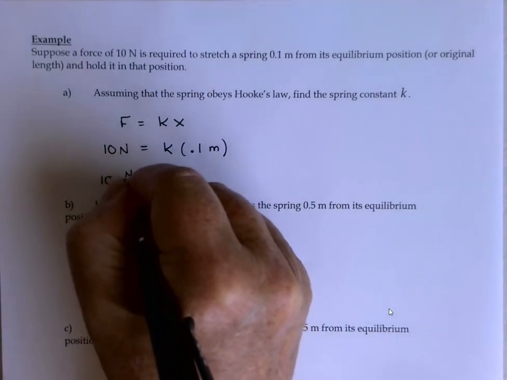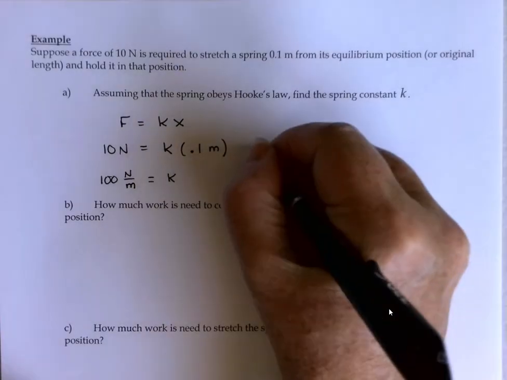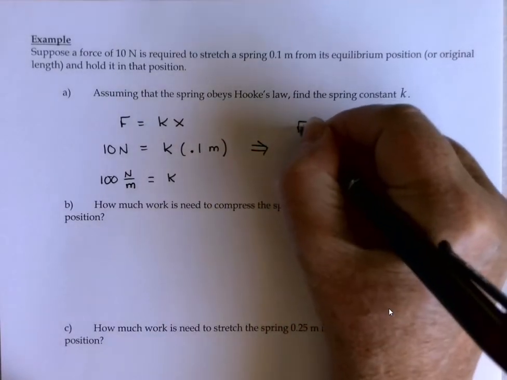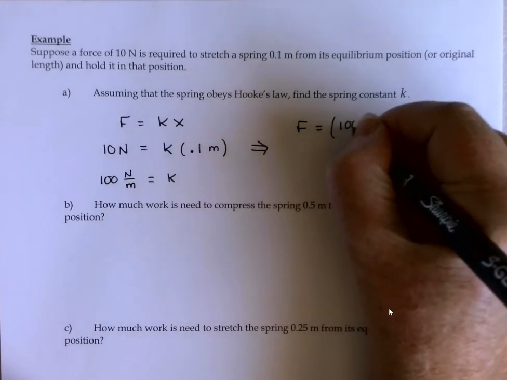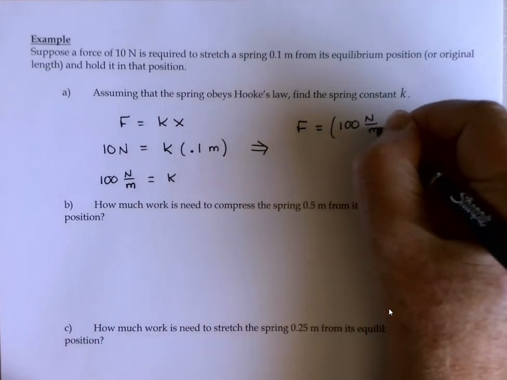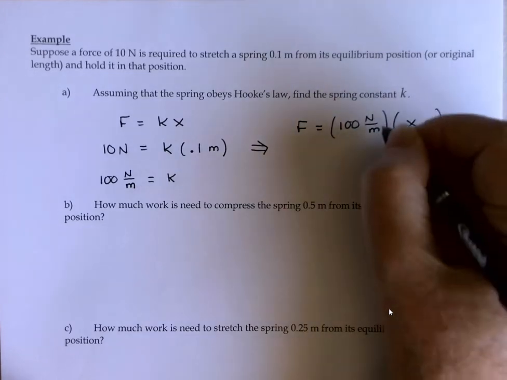The units are actually newtons divided by meters, and that works out just fine when we plug everything in. So I'll notice then that I could write my force equation, Kx, as 100 newtons divided by meters, times x meters.